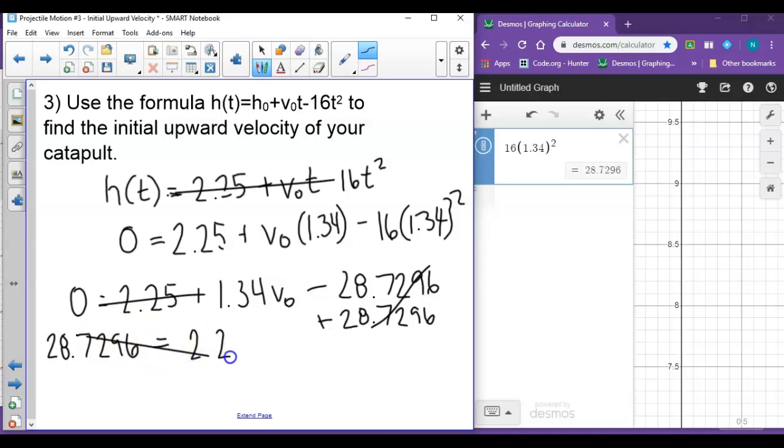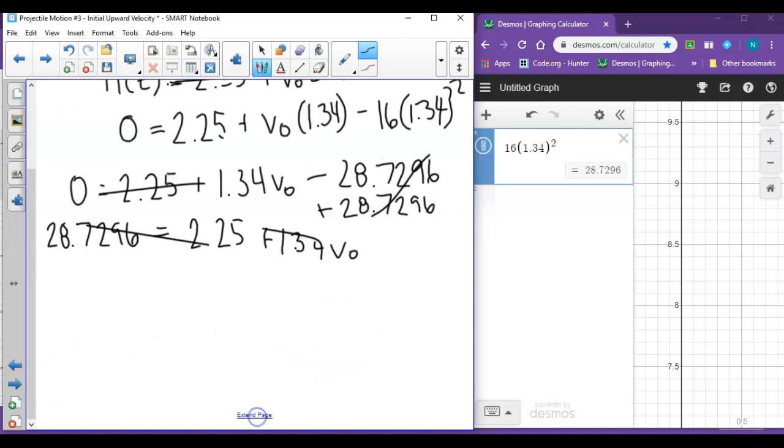That'll equal 2.25 plus 1.34 v sub 0. Sorry, that is a mess right there. Then I need to subtract the 2.25.